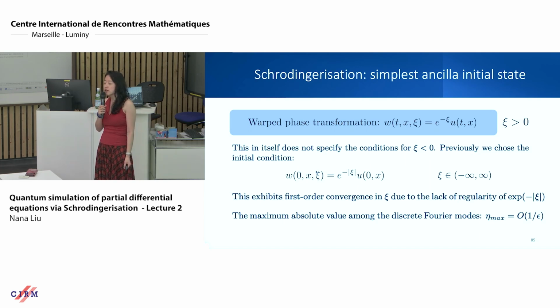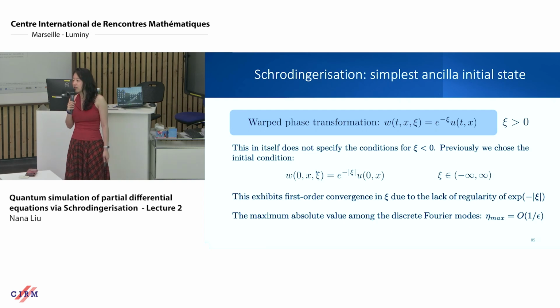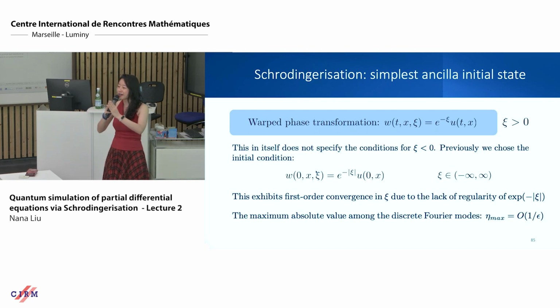So the schemes are accurate up to 1 over epsilon. This is the precision, and the question is, can we improve that? And of course, we can, because the whole problem came from the fact that e to the power minus psi has this sharp point, so the regularity is low.